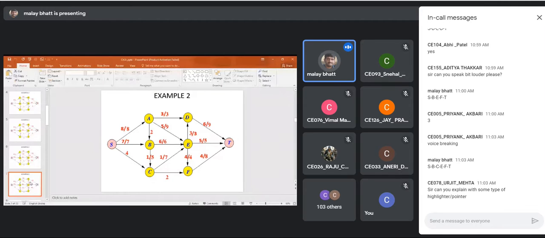So S to C, C to F, and F to T. So that's what we'll consider. Right, capacity will be 2 in this.